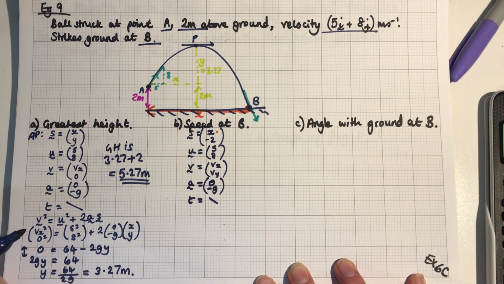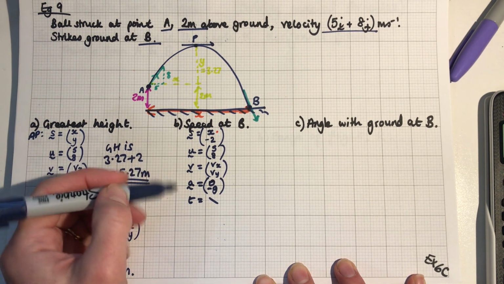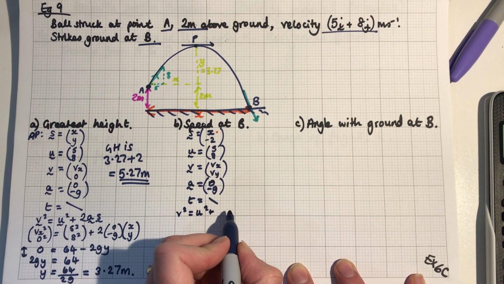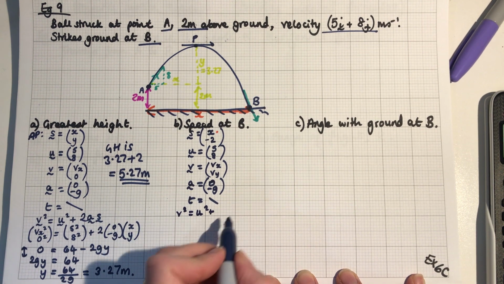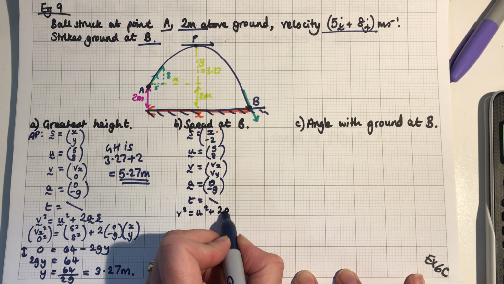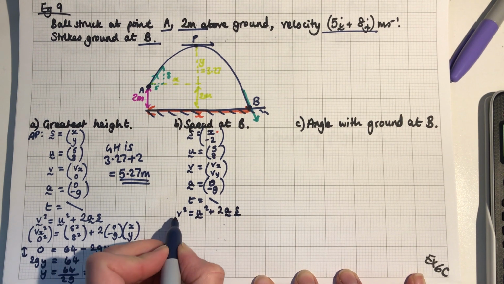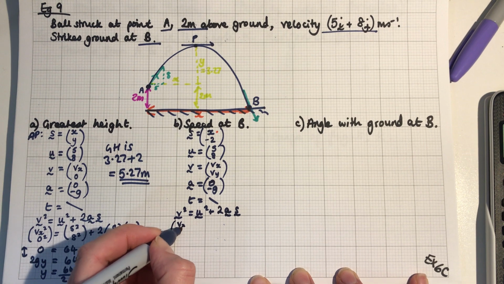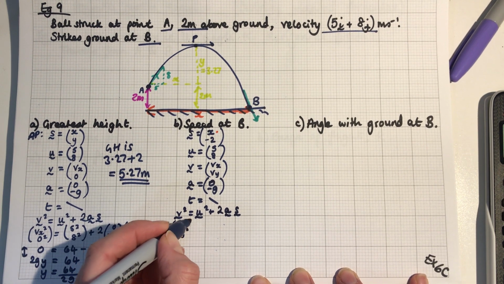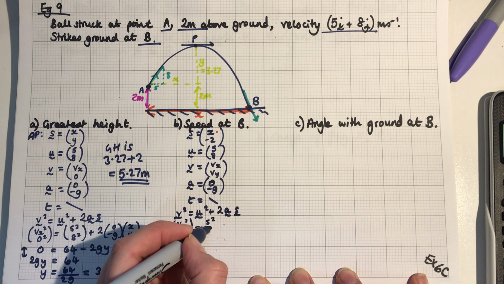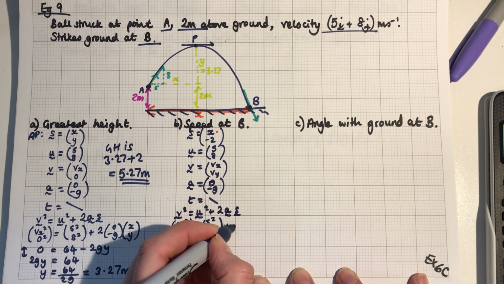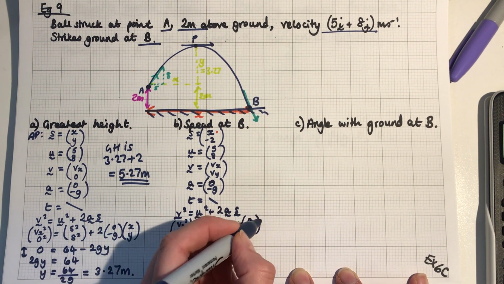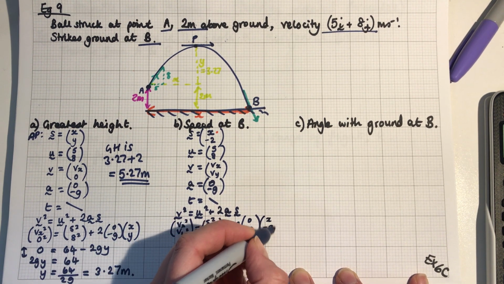Let's have a look at how we're best to do this. Let's start with V squared equals U squared plus 2AS again, I think. Yeah, let's go with that. So we have Vx and Vy both being squared, 5 squared and 8 squared, 2 and 0, minus g, and x, minus 2.